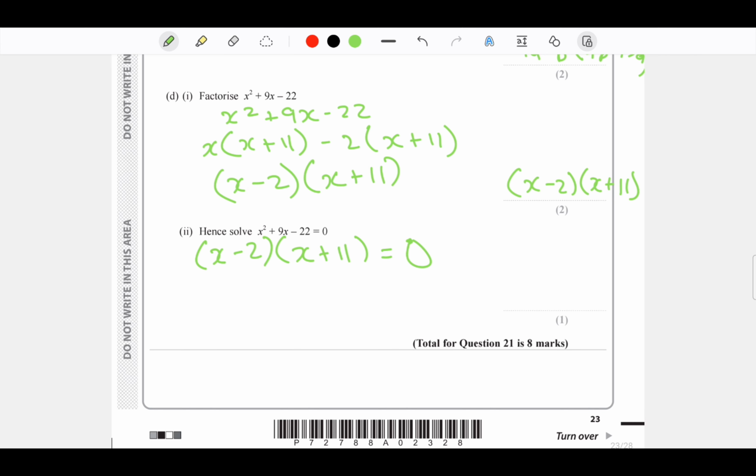So this just made everything easier. x minus 2 equals 0, so x equals 2. x plus 11 equals 0, so x equals negative 11. So there are two x values for this equation: x equals 2 and x equals negative 11.